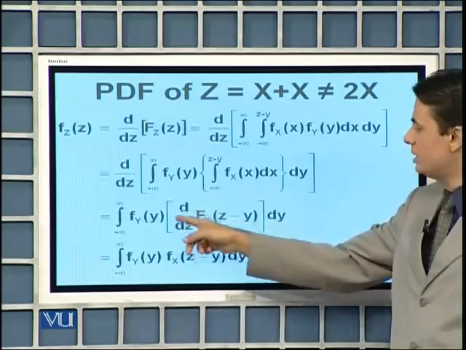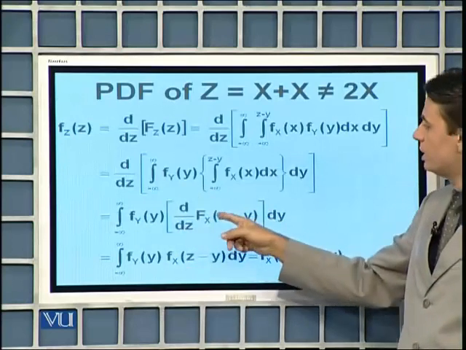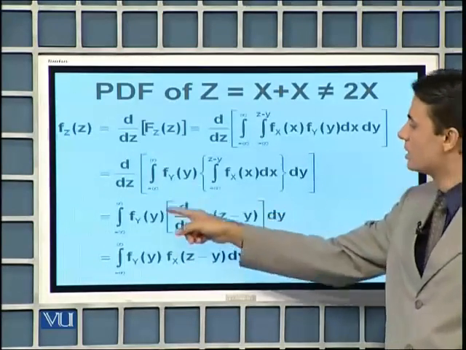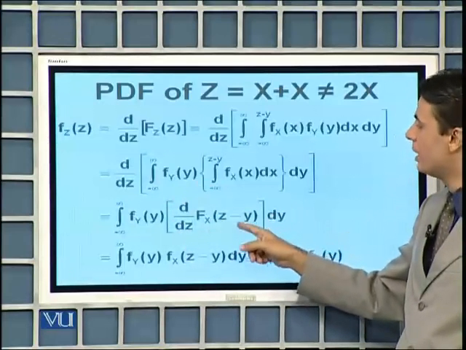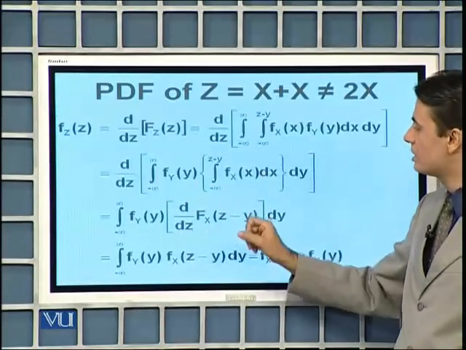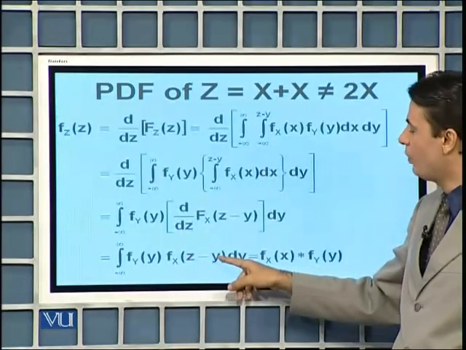If you evaluate this differentiation first, you will see that this expression in the square bracket is nothing but PDF of x at value z minus y.